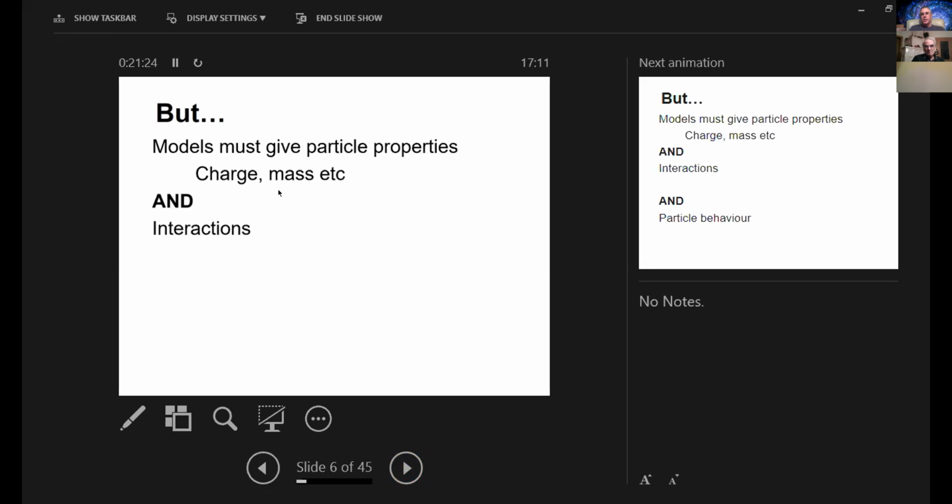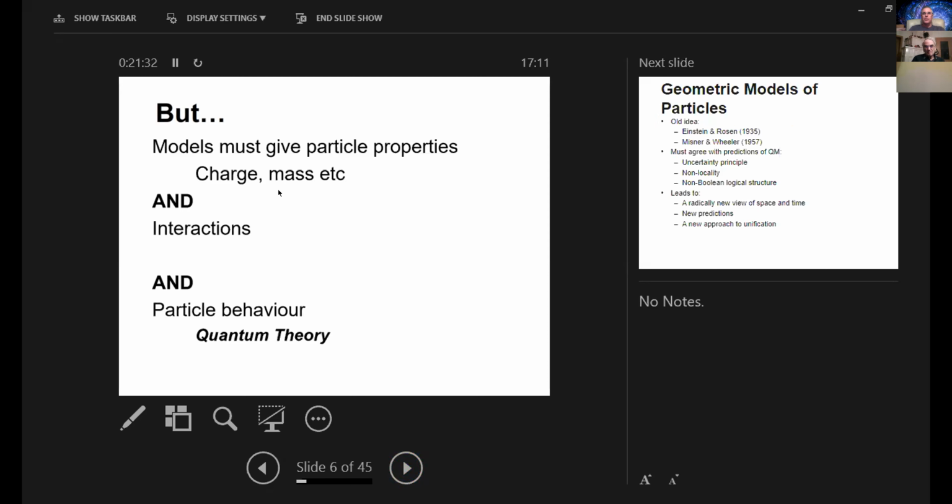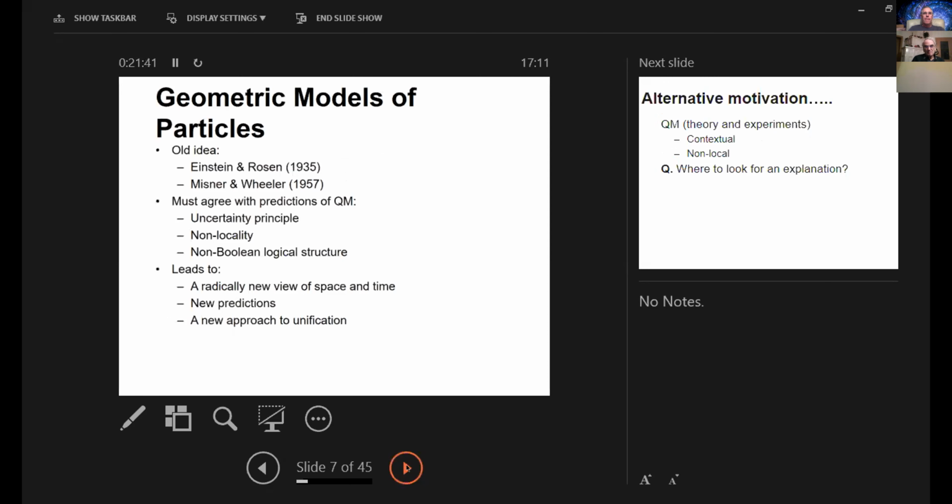And maybe some interactions. The field equations may show how they developed. But they've got to have particle-like behavior, or they're not particles, are they? And that means this is only going to work if they behave like quantum particles, which is something of a problem.